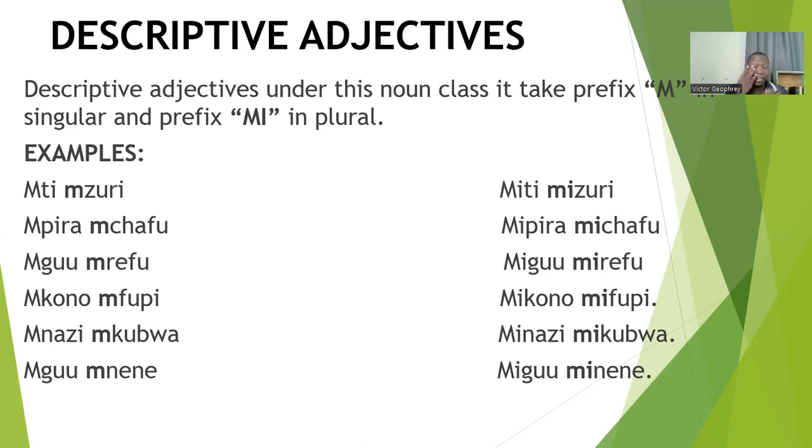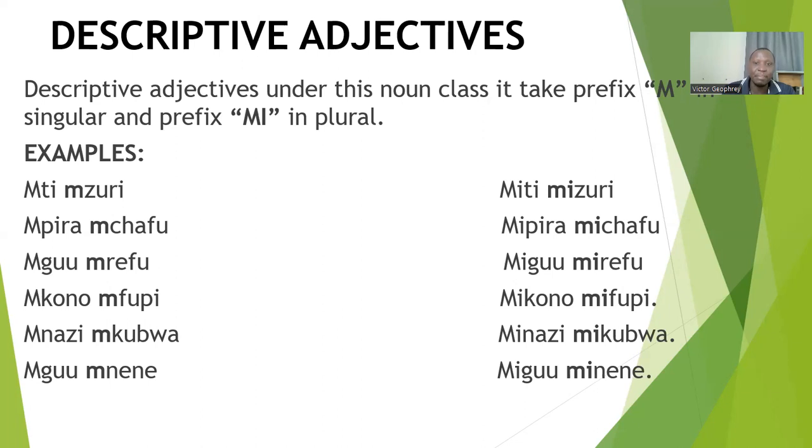So we have different words. They can be zuri, which means good, chafu, dirty, refu, tall, fupi, short, kubwa, big, nene, fat, and choyo, selfish. So there are different descriptive words that we need to know.